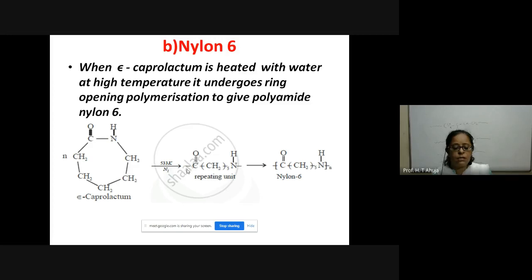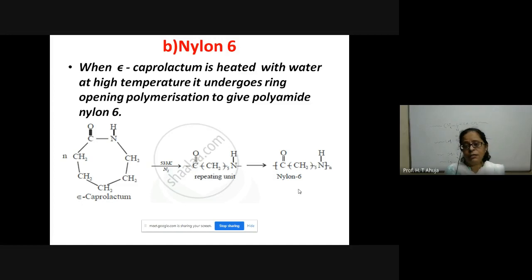Now, this is the repeating unit of epsilon caprolactam, and n number of units combine together to form a polymer that is called nylon 6. Now again, the question arises, why is this called nylon 6?